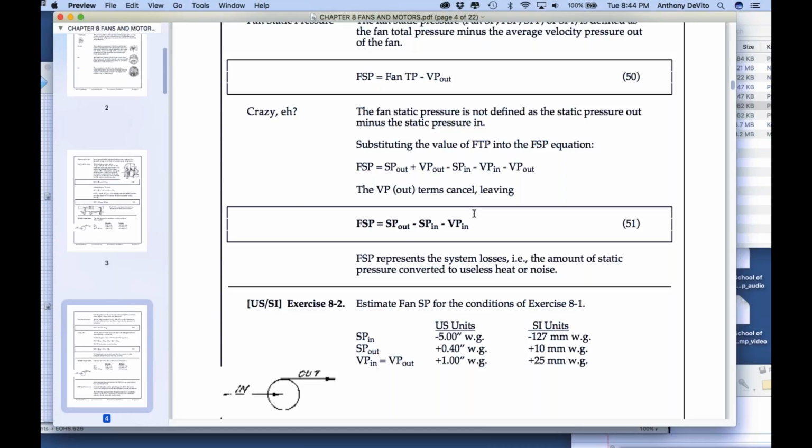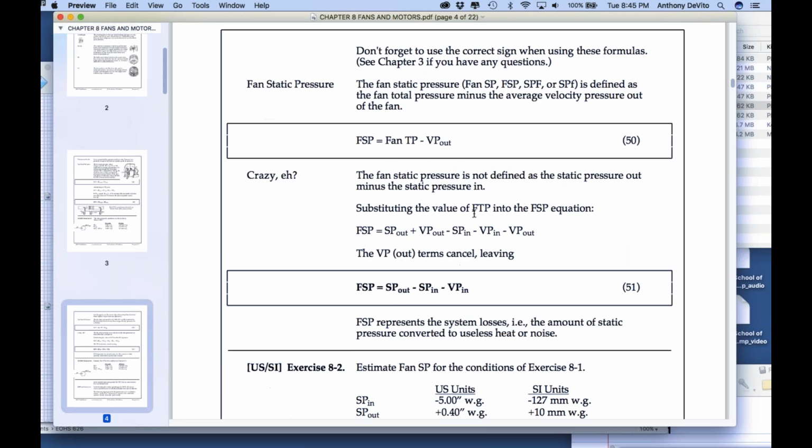So in other words, what they're looking for is the total pressure, but now take the velocity pressure out of the equation, so I only see the difference in the static pressure. A simpler way to put that is static pressure out minus static pressure in minus the velocity pressure. It's the same whether you use in or out. So that's the fan static pressure.